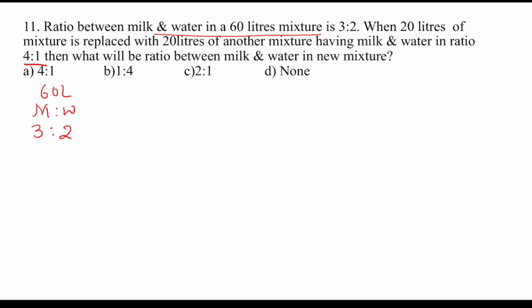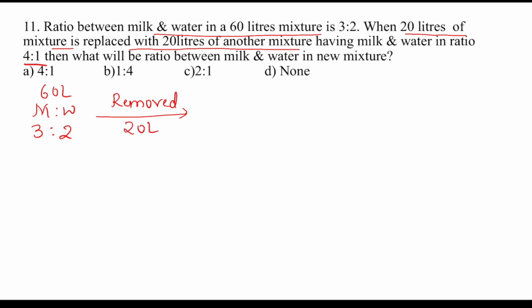Then when 20 liters of mixture is replaced with 20 liters of another mixture, that means 20 liters is removed from this. It is replaced means what? Always when you remove something, then only when you add something, it will get replaced. So removed is 20 liters.